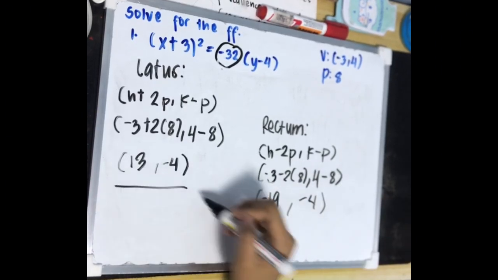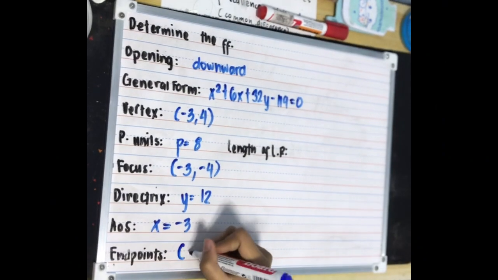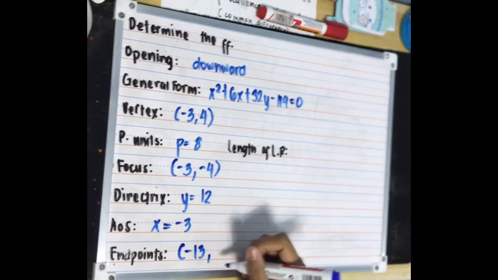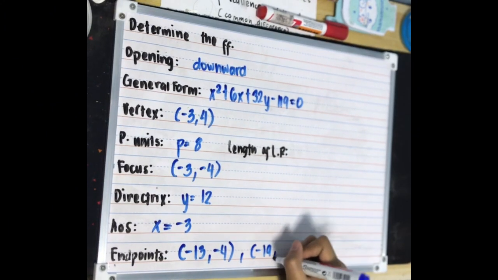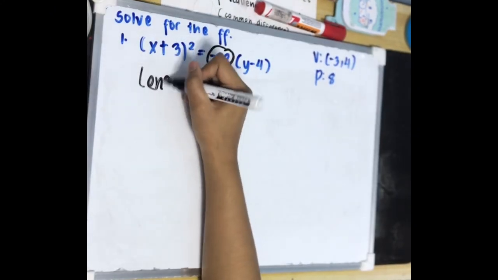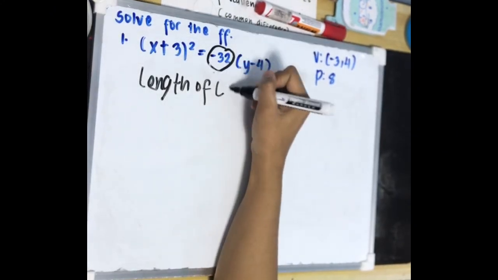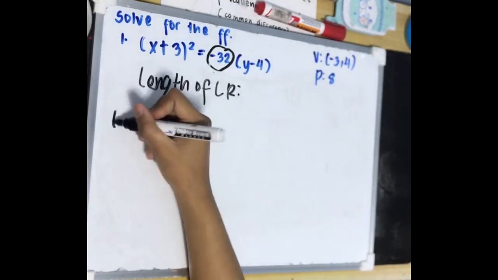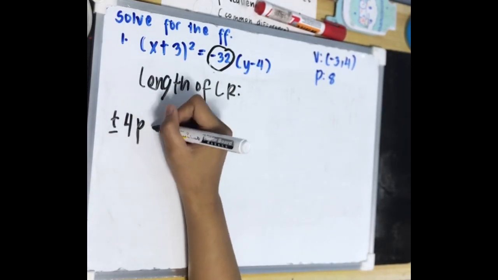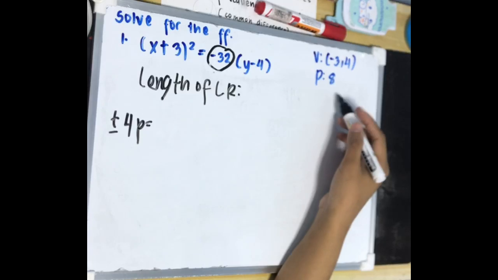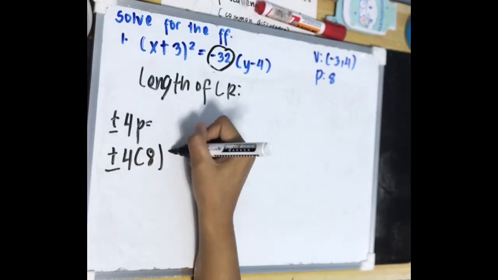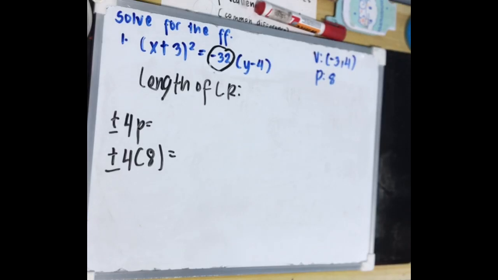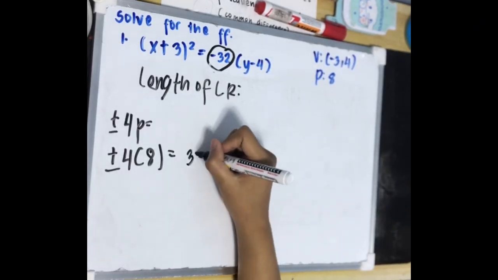So ito po yung latus and this is the rectum. Find the length of the latus rectum. We're going to use positive, negative, 4p. So our p here is 8. So 4 times 8 is 32, so the length of our LR is 32 units.